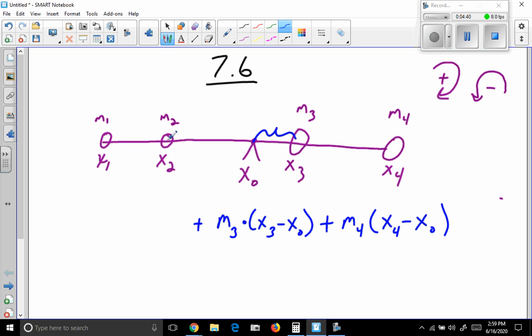On the other hand, if this is to the left, if we do x2 minus x sub 0, when we subtract those, that's actually going to come out to be a negative number. A negative number times that mass, negative times positive is negative, so that creates a negative moment. And the same thing with the one out front.